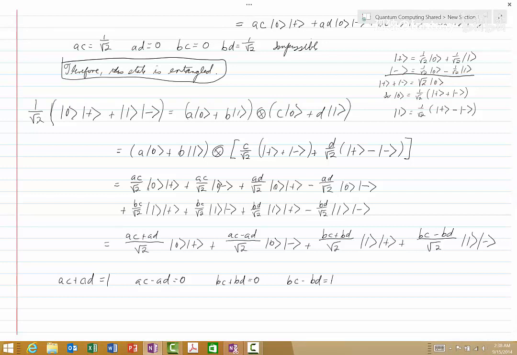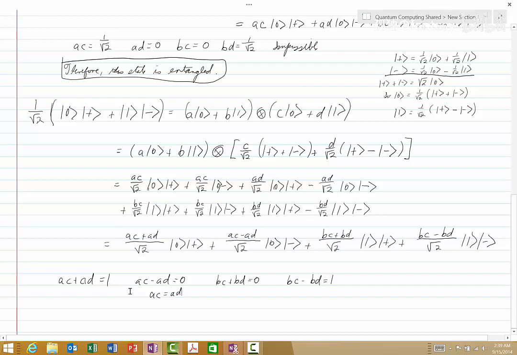So when we look at this, let's take for instance the second equation. It would imply that AC is equal to AD. And of course A cannot be 0, because if A were 0, it would make this equation impossible.